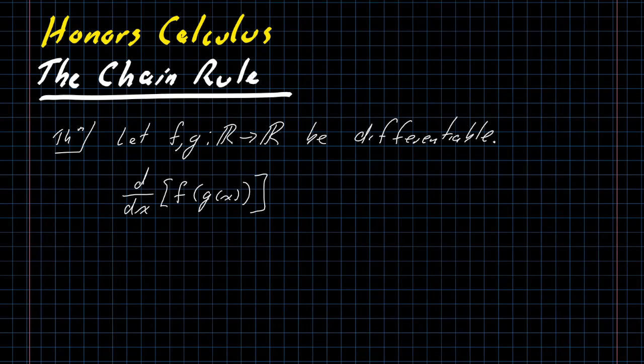I claim that if I want to take the derivative of the composition f composed with g evaluated at x, it's going to be f prime of g of x multiplied by g prime of x.